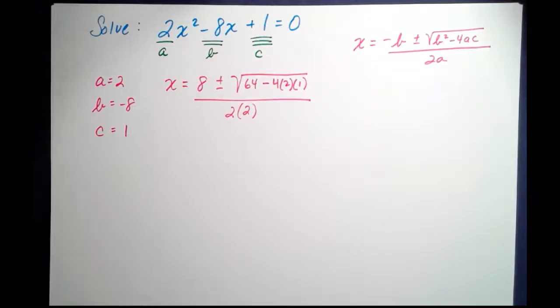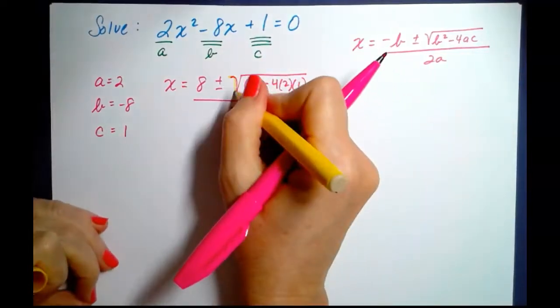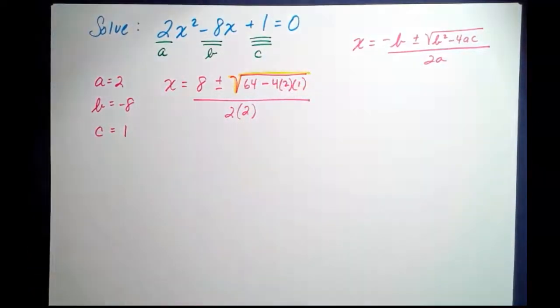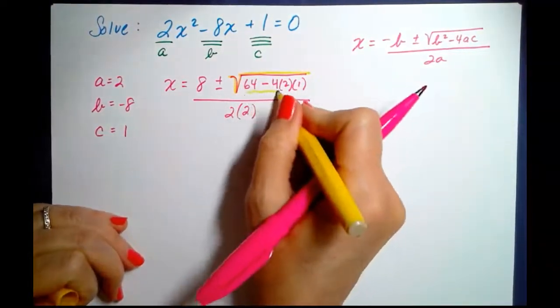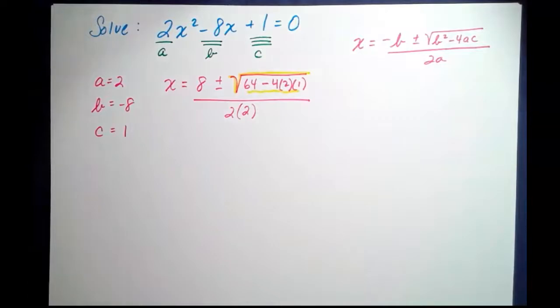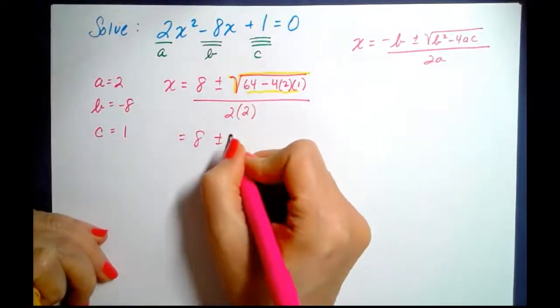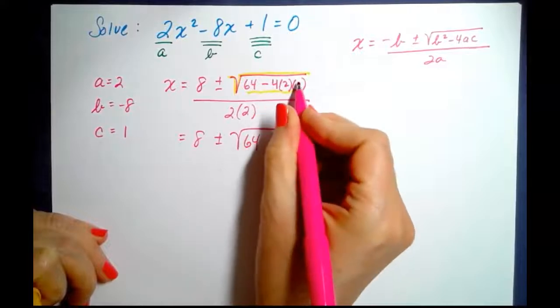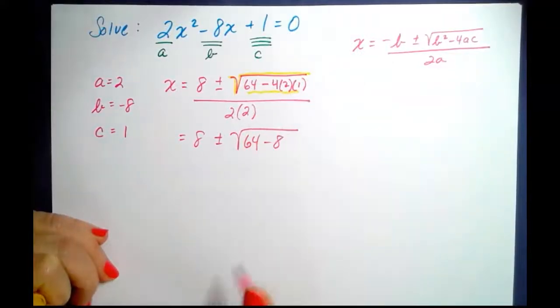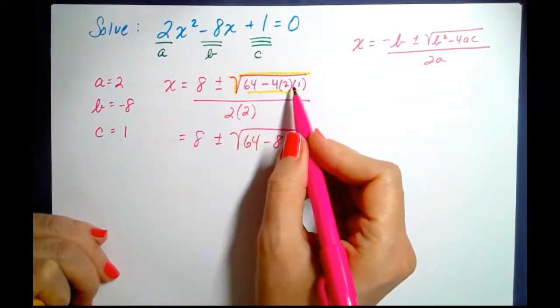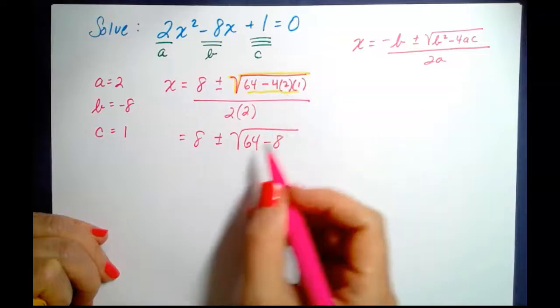Now we're going to start simplifying using order of operations. Remember, the radical sign is a grouping symbol, so we need to do what's underneath first. So underneath we have 64 minus 8. We've got to do the multiplication first before we do the subtraction.